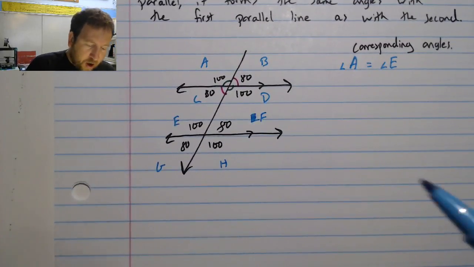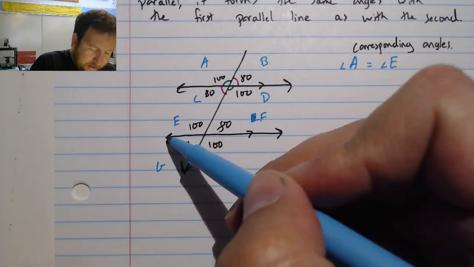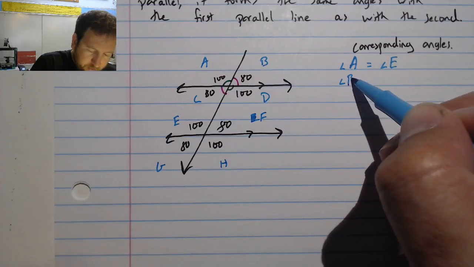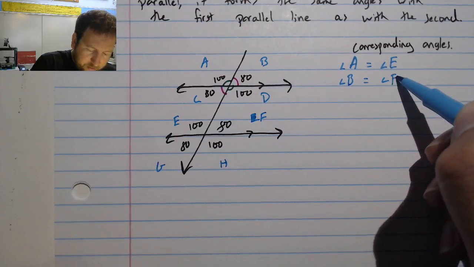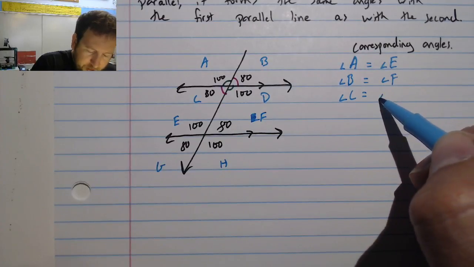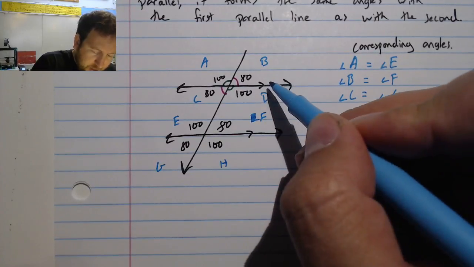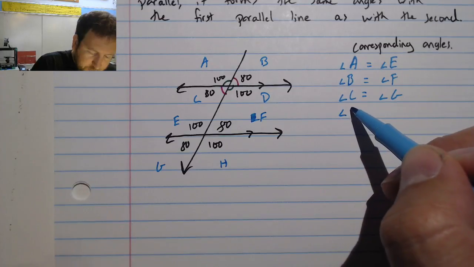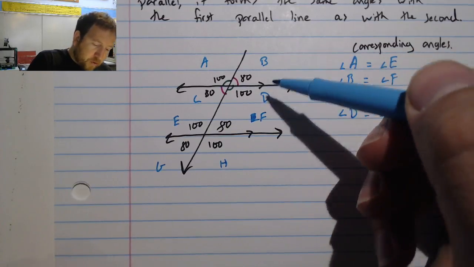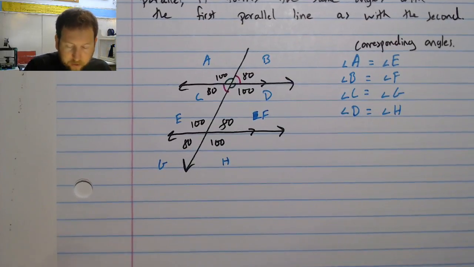If I were to write all of my sets out, I could say A and E are the same, angle B equals angle F, angle C equals angle G, and angle D is equal to angle H. And these are all of my corresponding angles when I go through and match.